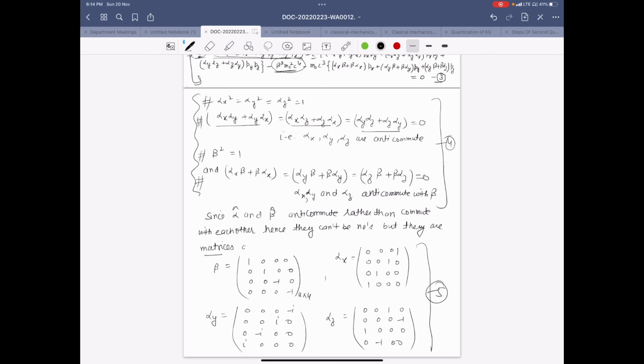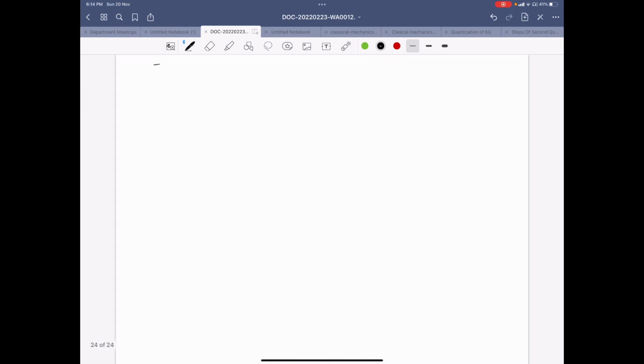So these are the 4 by 4 matrices. We have assumed all these 4 by 4 matrices according to our equation, and how we have selected them is covered in more detail in our quantum mechanics chapter. There we have assumed those purely spin matrices.